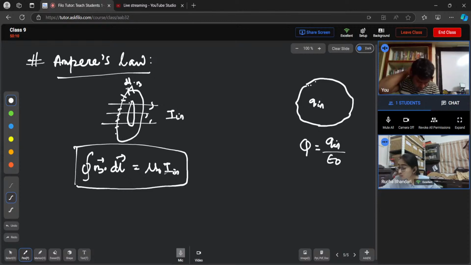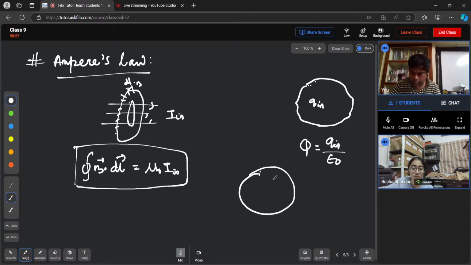Let us calculate the magnetic field when a loop is given. Let's say these are dots and this is a cross.